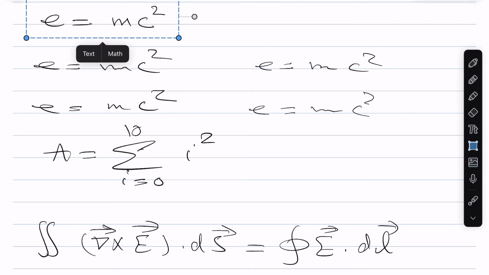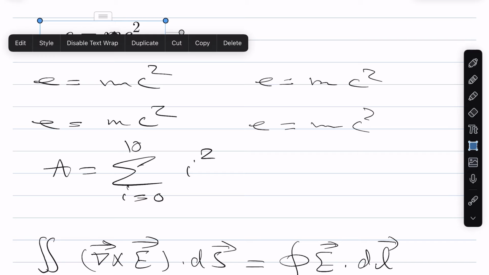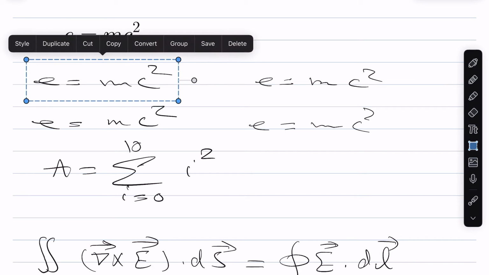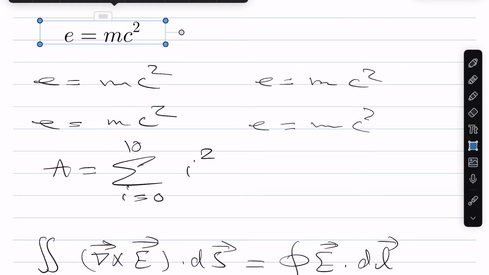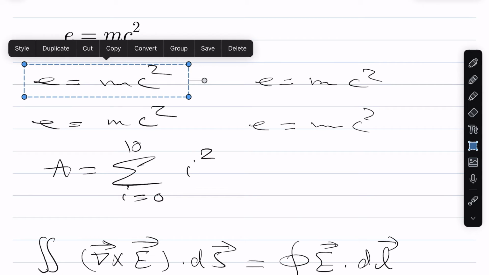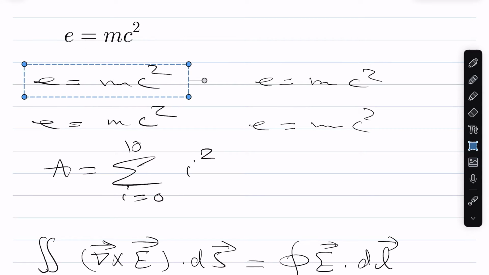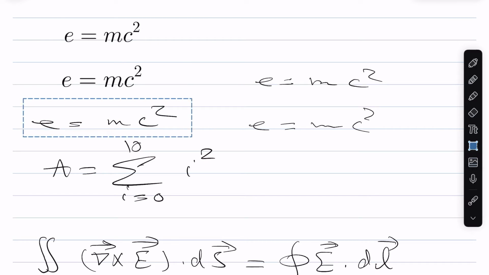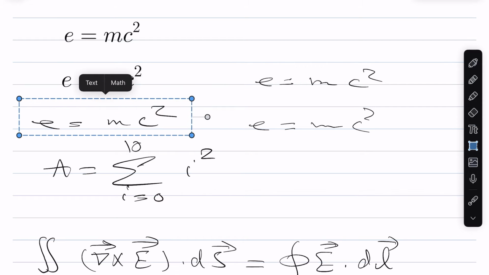Convert, math. All right, it can do a pretty good job there. What about this one? Convert math. All right, that turned out to be okay as well. What about this one? Convert math.